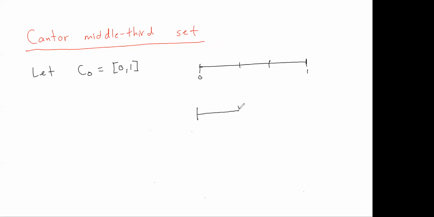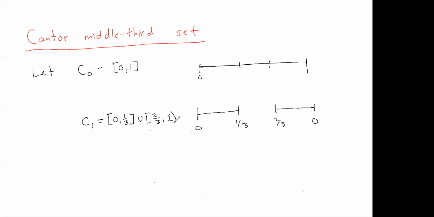So I'll end up with this interval, and if I erase the open middle interval of length 1/3, I'm going to call that set C1. So this is going to be [0, 1/3] union [2/3, 1].